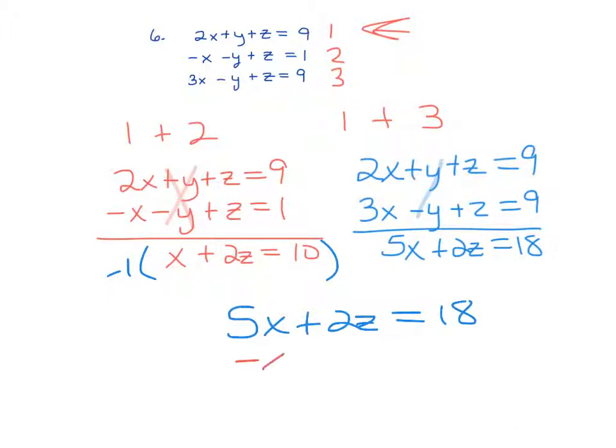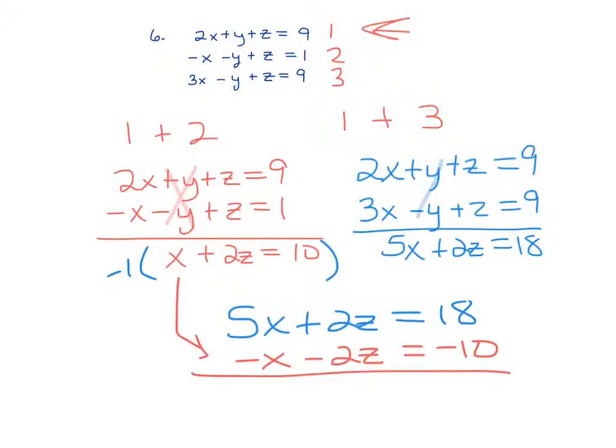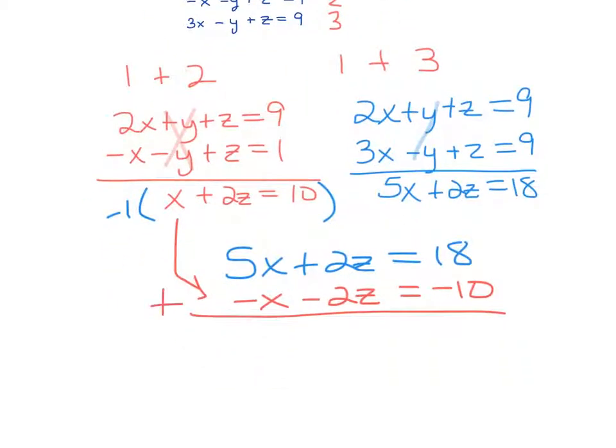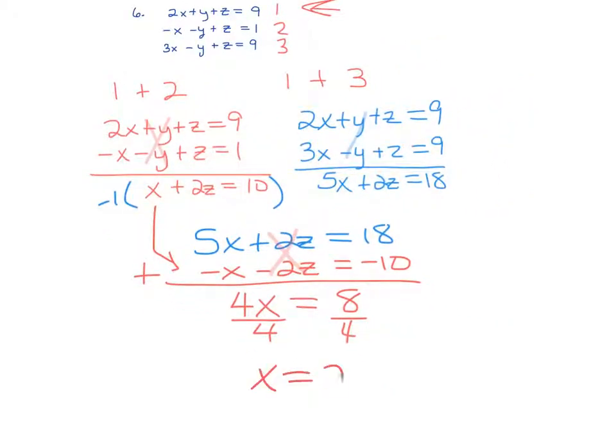So this will become -x minus 2z equals -10. I'm now going to add my equations. So 5x minus 1x is 4x. This will cancel. And then I get equals 8. Divide by 4, and x equals 2.